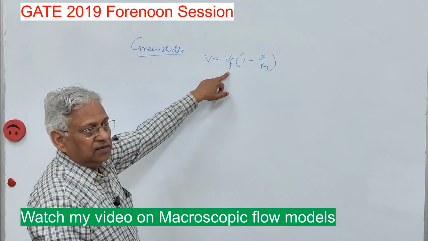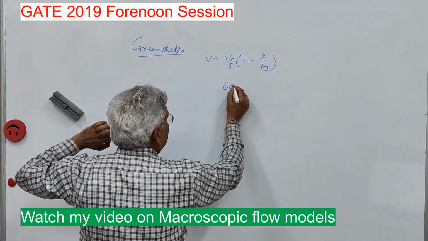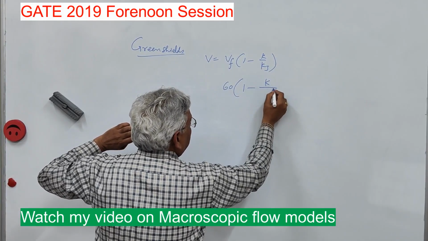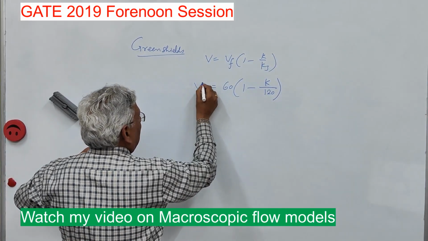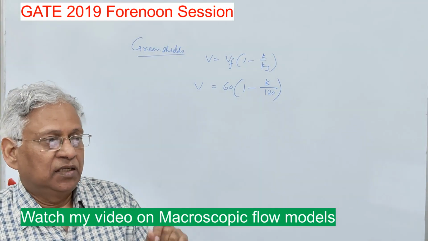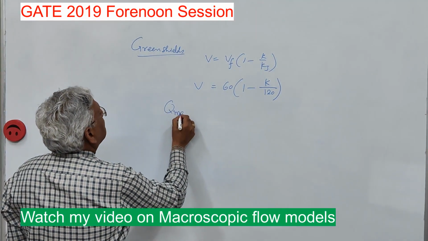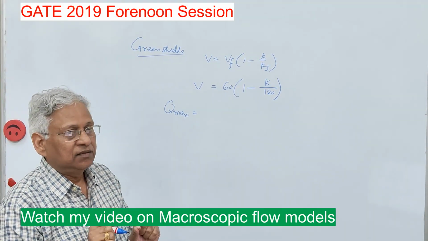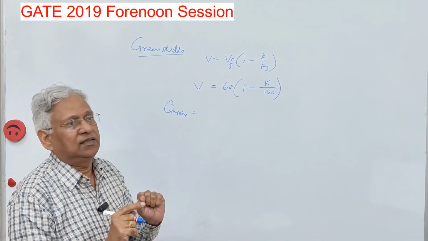Now free flow speed is given as 60 km per hour. Jam density is 120, so K upon 120. Now this is the equation of flow. According to Greenshields theory, maximum flow Q max will occur when speed is half of free flow speed, and corresponding to that, density will be half of jam density.